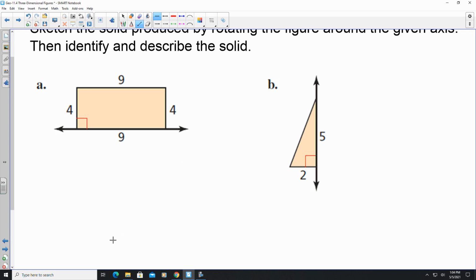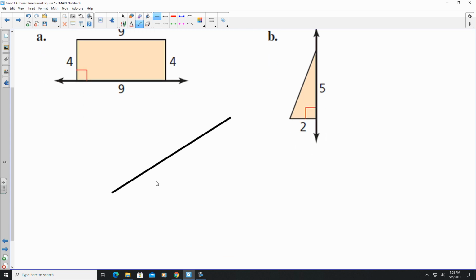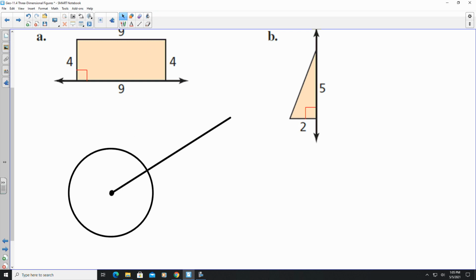Let me try to draw this as best I can. So what I'm going to do is this is another way of describing your axis. And here I'm going to put a little point right here, and then I'll make a little circle. So what this is representing, is from here to here is a distance of 4.